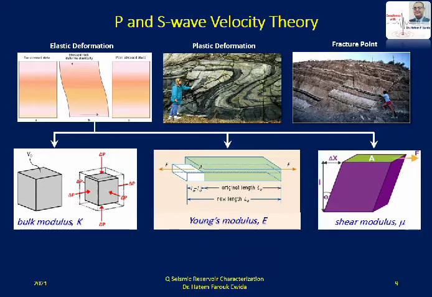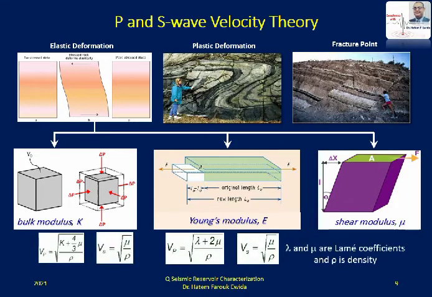This is a deformation that happens within the rock when the sound wave enters this rock and propagates on this rock with a certain velocity. Using these elastic moduli, I can calculate the sound velocity within the target.